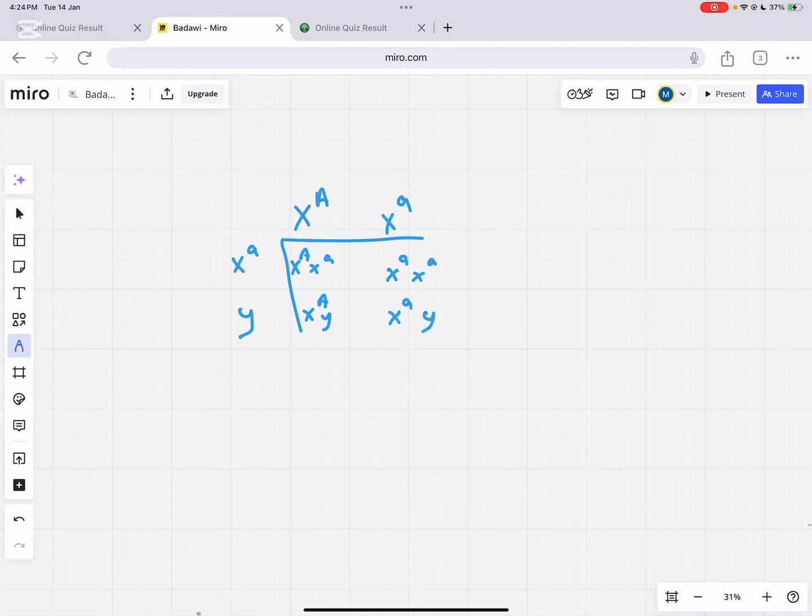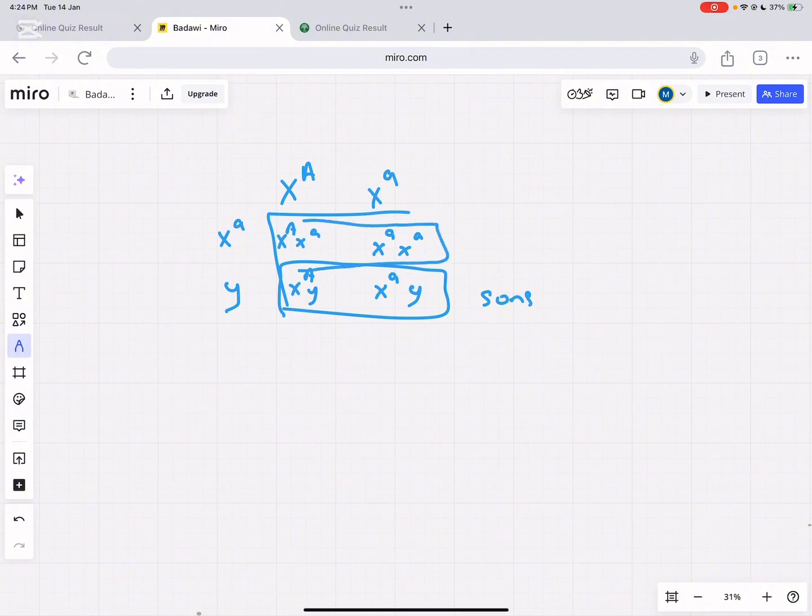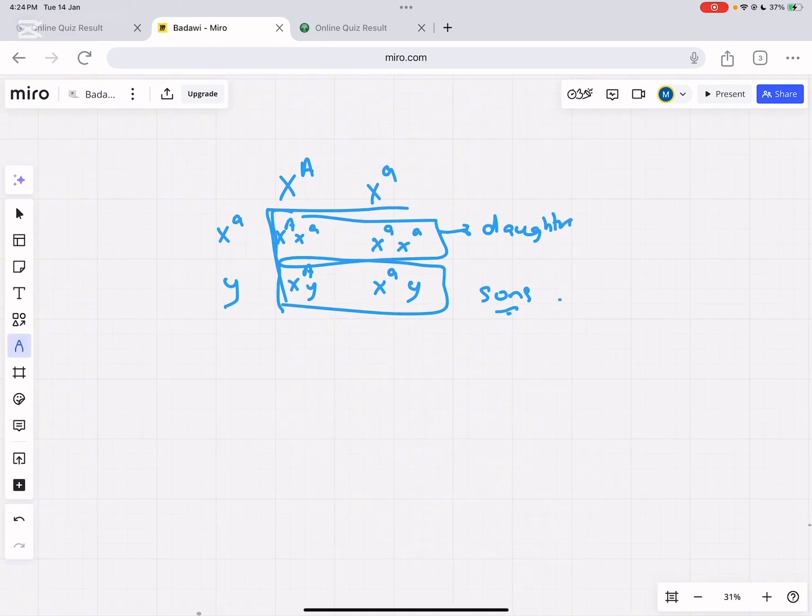Now, if I look at her sons only, and these are the daughters, if I look at the sons alone, 50% will be affected. Since I have two sons, that's my total. One of them is affected, so 1/2 is 50%. And then 1/2, 50%, is unaffected.